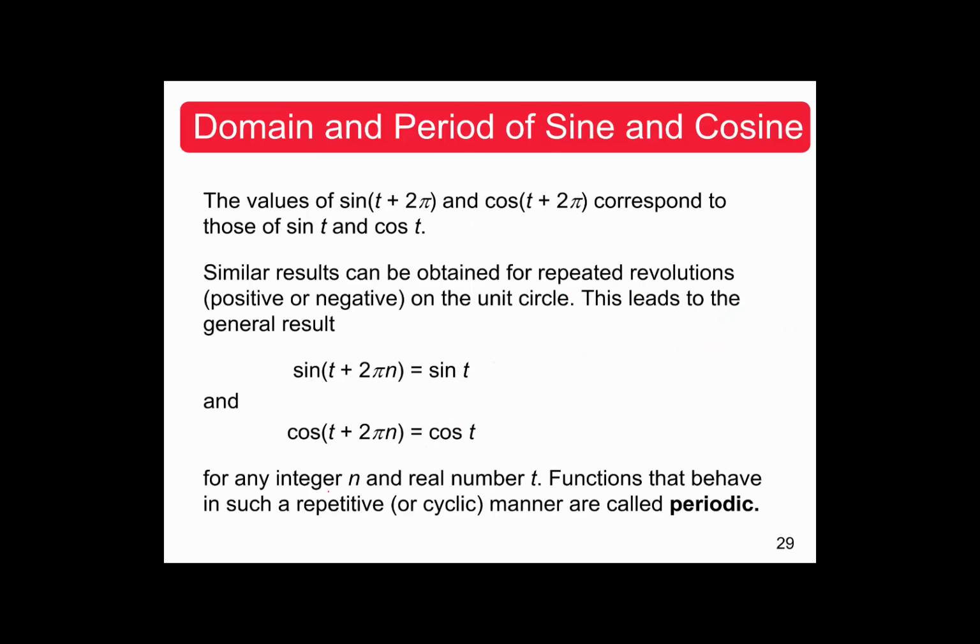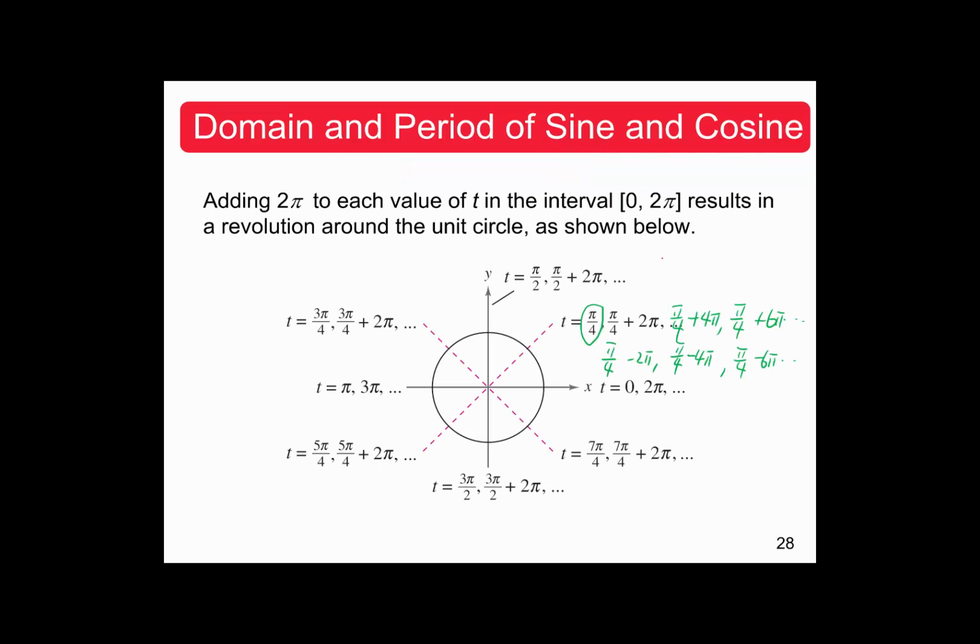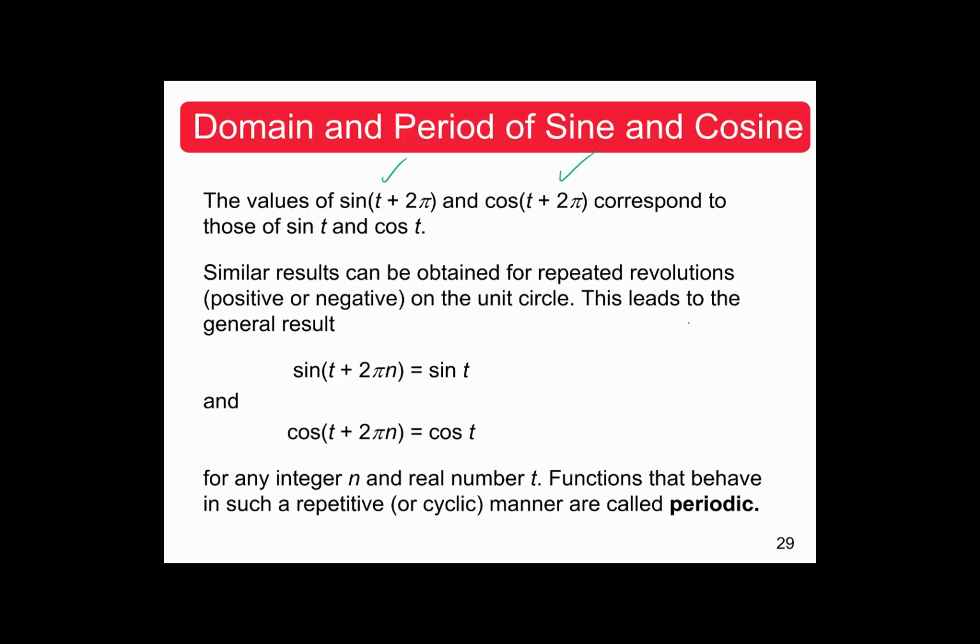And also the cycle, right? There's a cycle effect for sine and cosine, because the cycle is 2 pi. This 2 pi is significant, adding one cycle, and then it's 2 pi. So that's why the period is also called cycle or revolution. And the period is 2 pi for both sine and cosine, because sine of t plus 2n pi is the same thing as sine t, because they're equivalent angles.